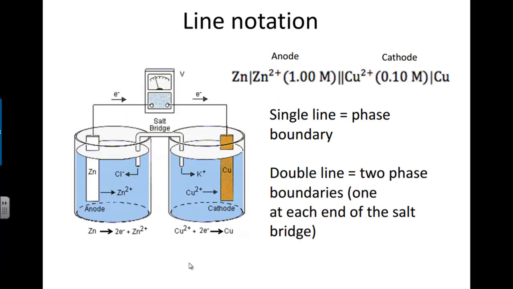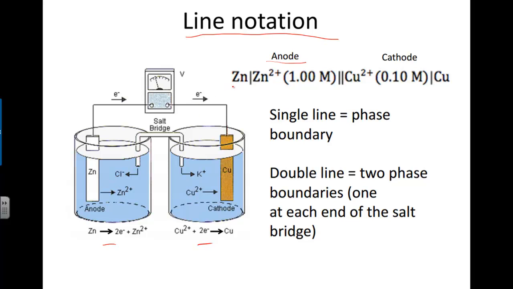Now the other thing you need to be familiar with is what's known as the line notation and how an electrochemical cell might be written. So for instance, with this electrochemical cell with zinc and copper, what I have to do is first write what happens in the anode, and because it's An Ox and the zinc is being oxidized, I put the zinc first.